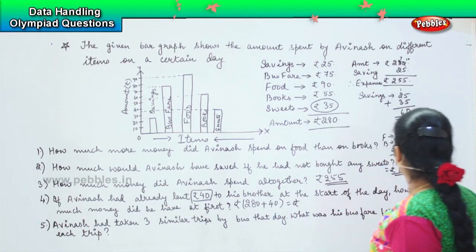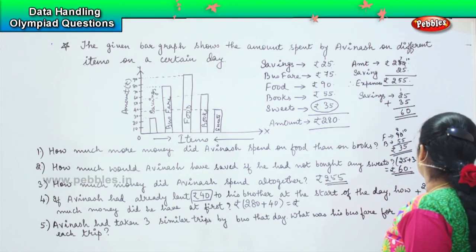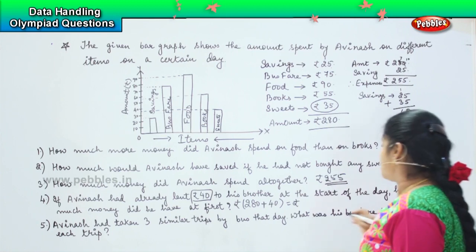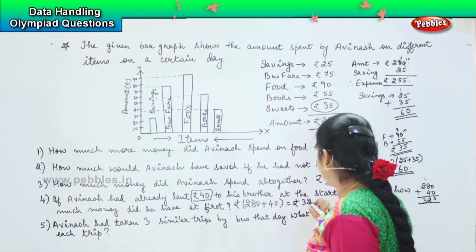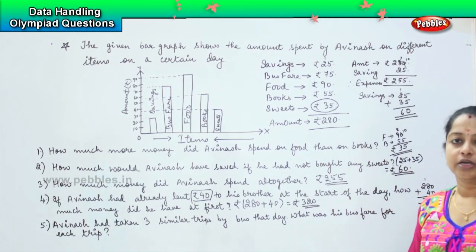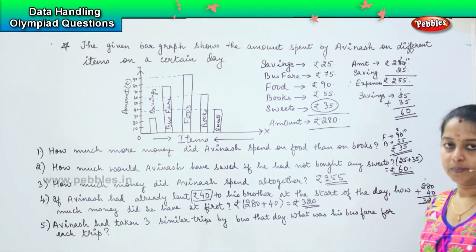So 280 plus 40. 0, 8 plus 4 is 12, 1 plus 2 is 3. So he should have had 320 rupees with him at the beginning of the day. Clear? Is it clear? Okay.